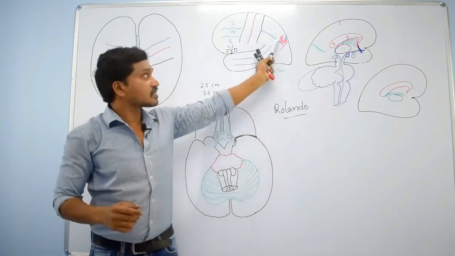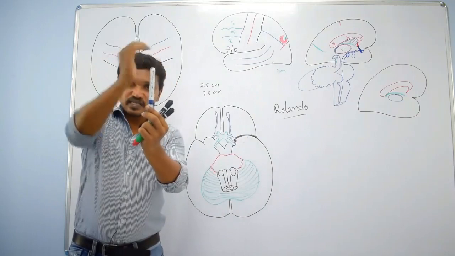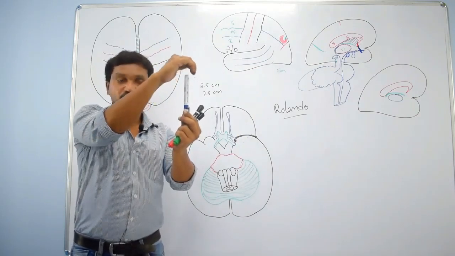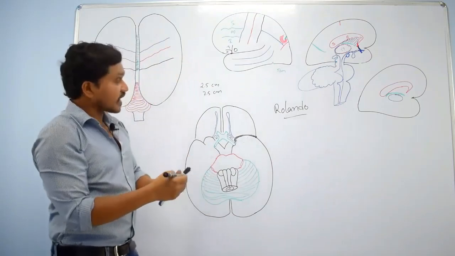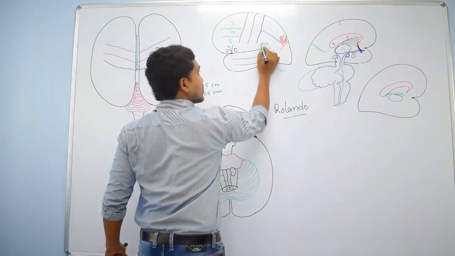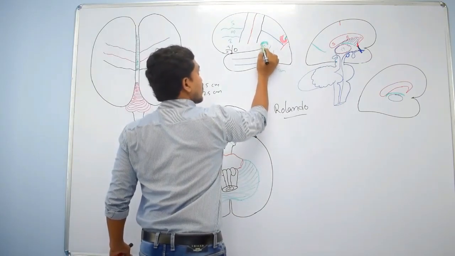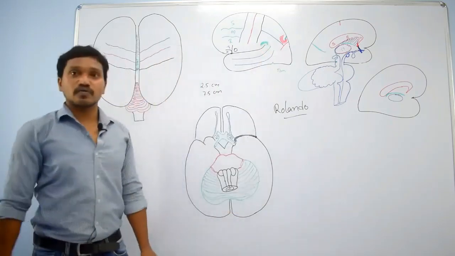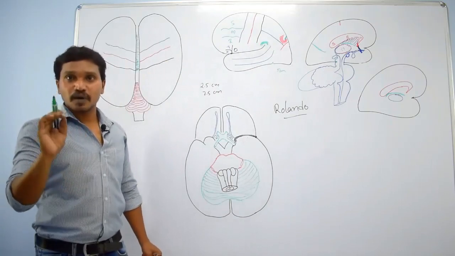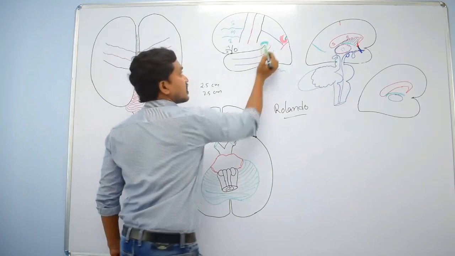At the end, surrounding this sulcus, there is a gyrus formation like this, right? The gyrus arching over the posterior ramus of the lateral sulcus, we call the supramarginal gyrus.